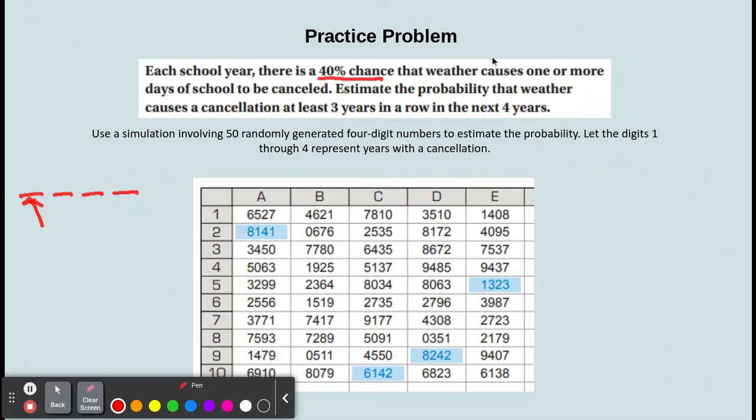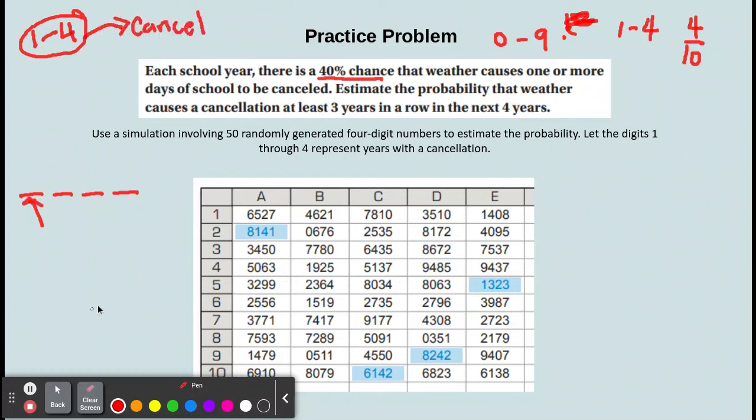And if we're using the numbers 0 to 9, then we need 40% of those numbers, which is 1 through 4. 1, 2, 3, 4, that's 4 numbers. So 4 over 10 gives us 40%. So we're going to say that if a digit is 1 through 4, that means that they had a cancellation.